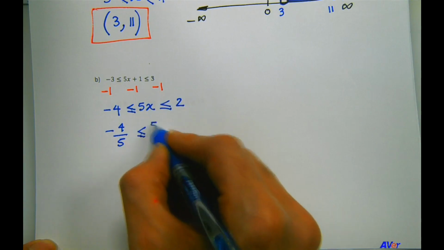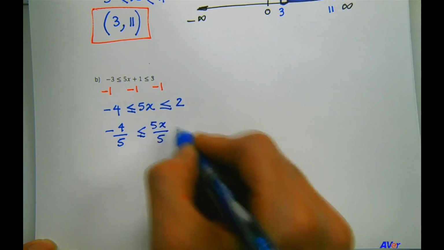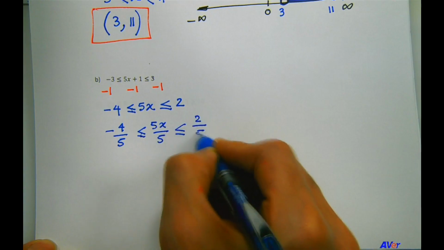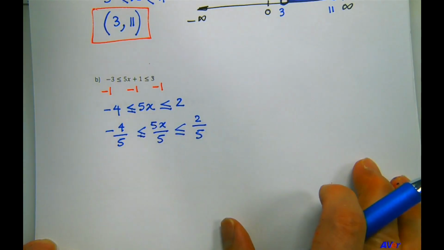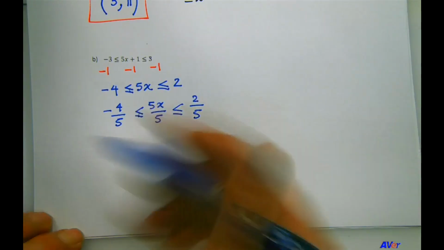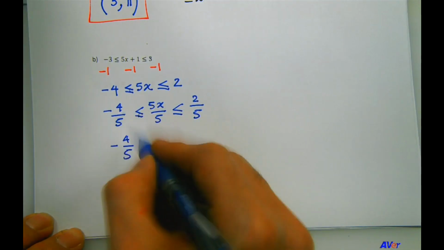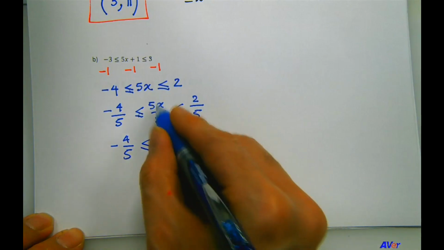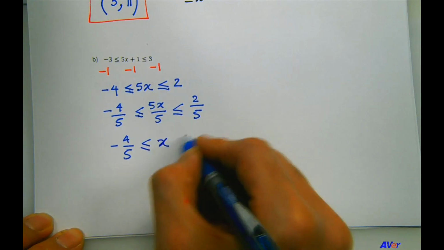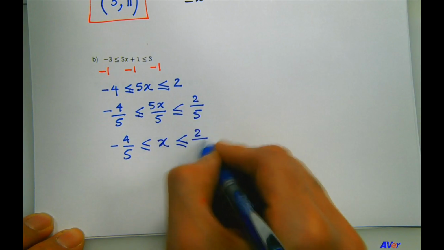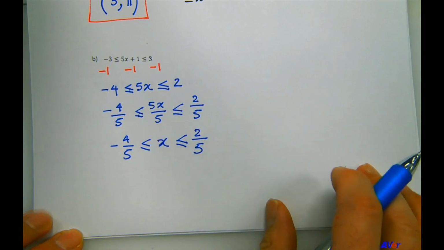So 5x divided by positive 5, less than or equal to 2 divided by 5. On the left, we have negative 4 over 5. We can't simplify this more than what it is. 5 and 5 cancel out. We get x less than or equal to 2 over 5.